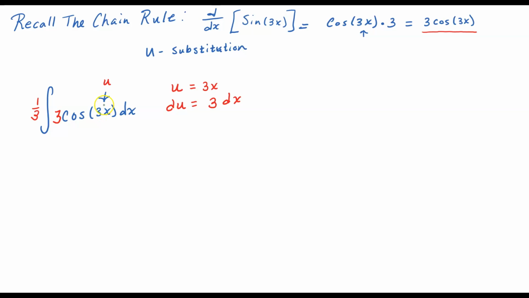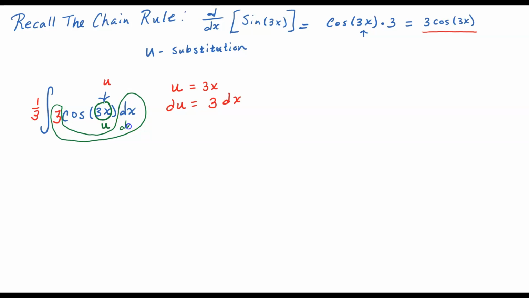And now I'm going to take into account my u and my du. And watch as I do this. This right here, as I said before, was u, and the du is this 3 dx that I'm going to put a ring around right there.